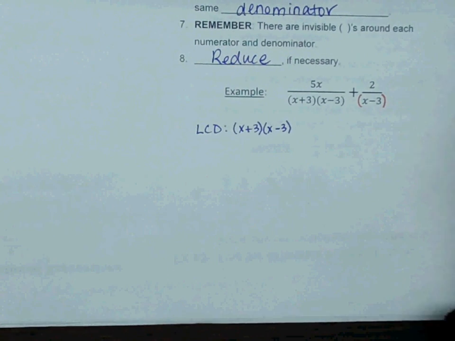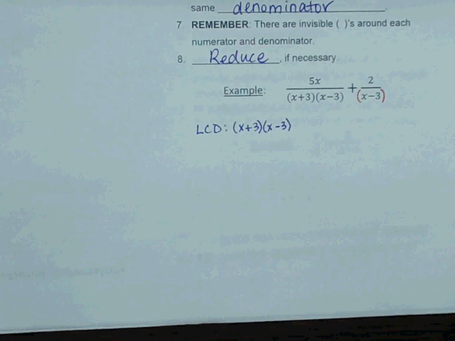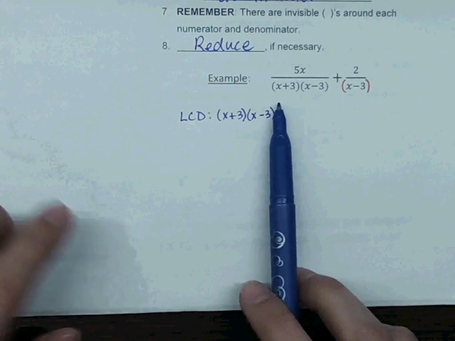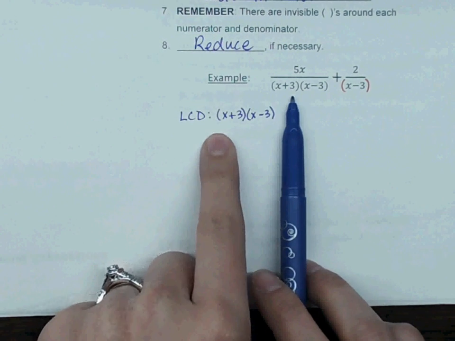Something that I read that was kind of interesting was thinking about the whole keeping up with the Joneses. I don't know if you've heard of that, but basically you want whatever they have. So think of it like backyards, right? This person has an x plus 3 in their backyard, so I want to have an x plus 3 in my backyard.